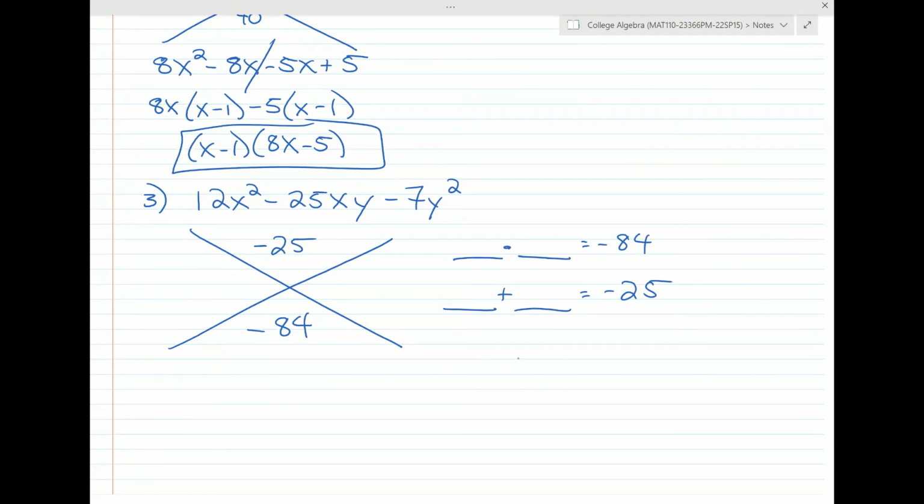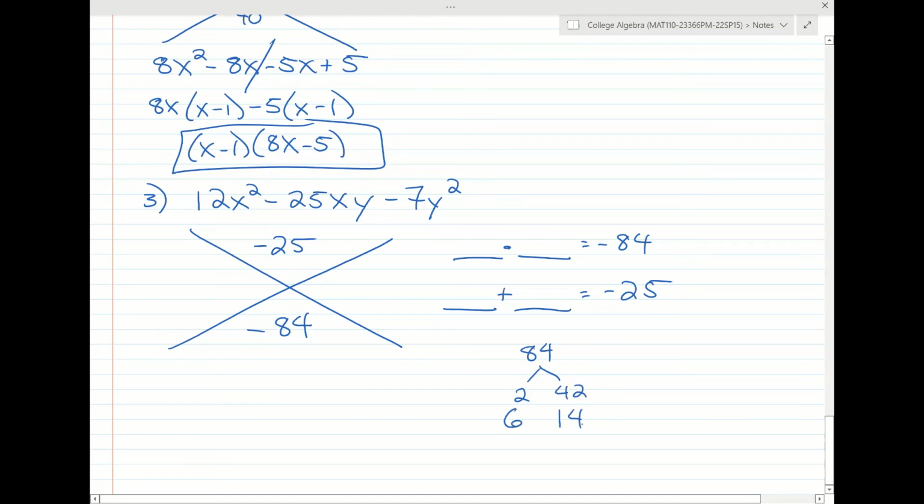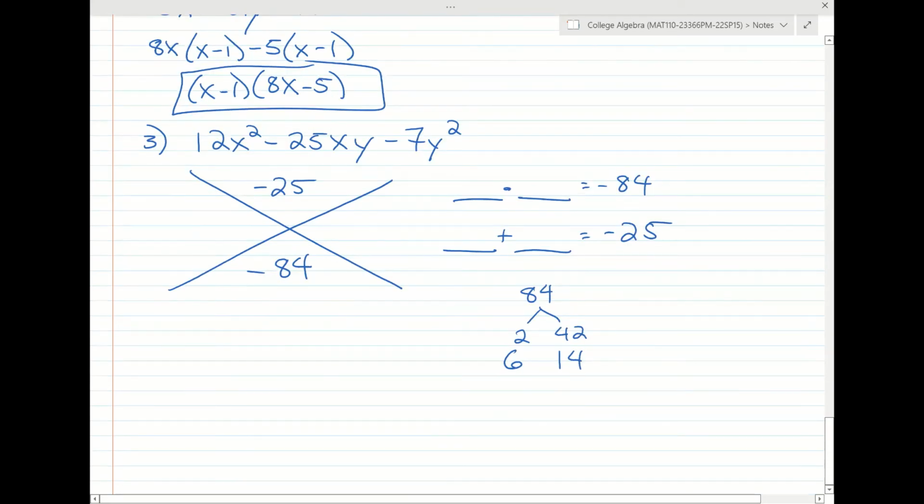So the easiest way to do it is what goes into 84. And if you guys get it before I do, just let me know. I'm going to start with 2, maybe 6 and 14. They give me 25, so that's no good. 28 and negative 3. Let's see, they have to add up to be negative 25, so maybe negative 28 and positive 3.